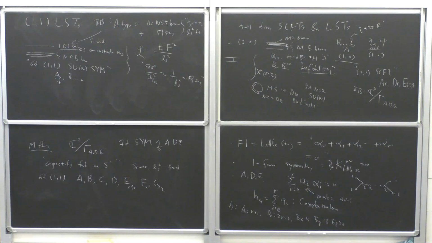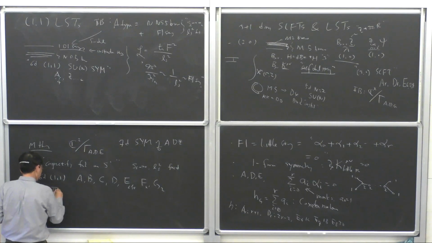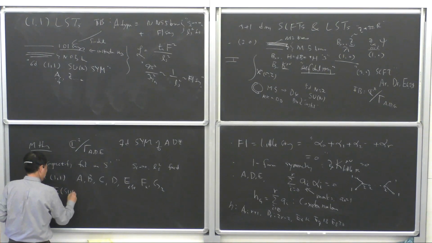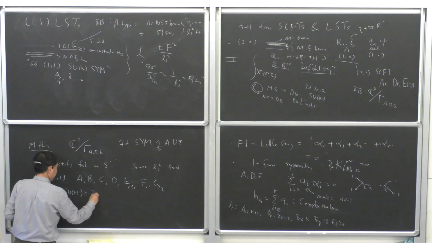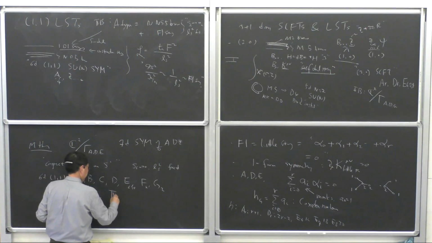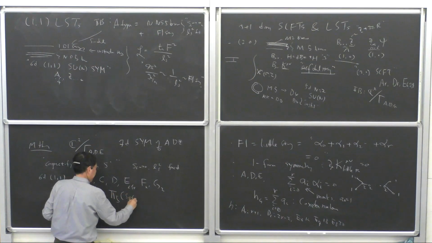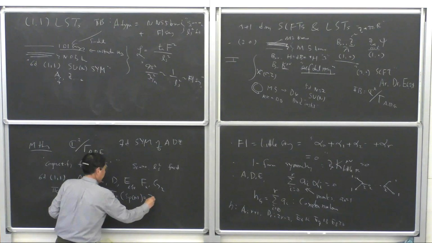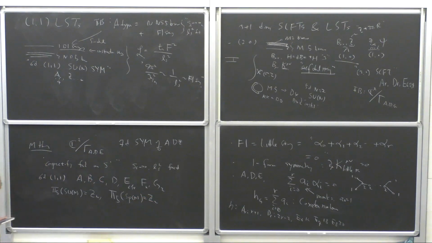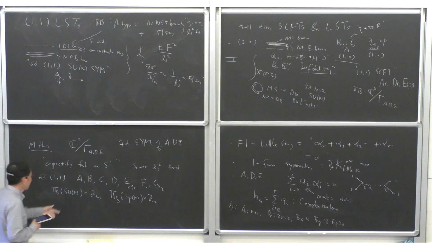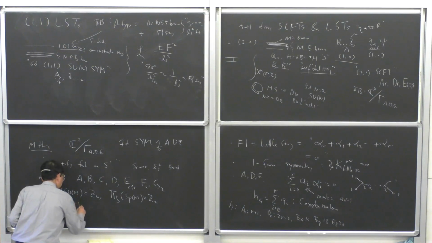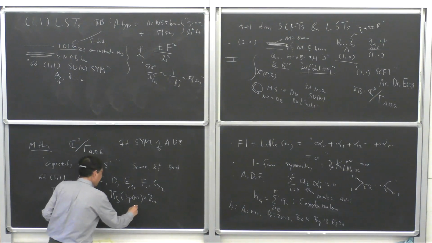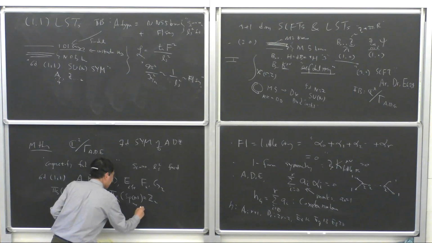In addition, there is a fifth homotopy group. Because of this fifth homotopy group for SU(N) and Sp(N), you can get a discrete theta parameter in 6D. In this case, discrete theta parameter theta equal to 0 and pi.